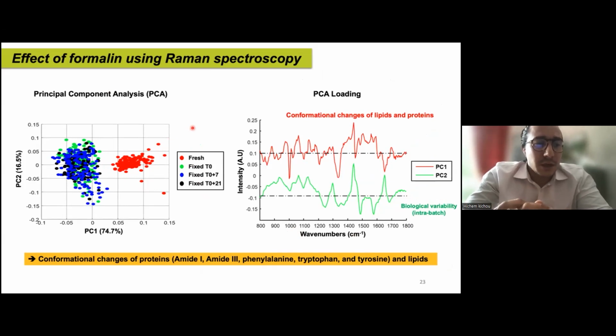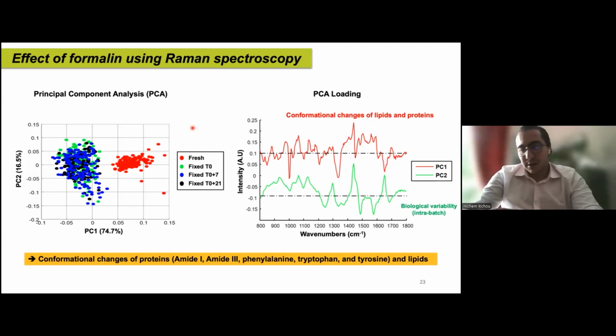These differences are associated with conformational changes in lipids and proteins, especially affecting the amide-1, phenylalanine, tryptophan, and tyrosine. And importantly, this change does not affect the barrier function of EpiSkin when compared to the freezing process.